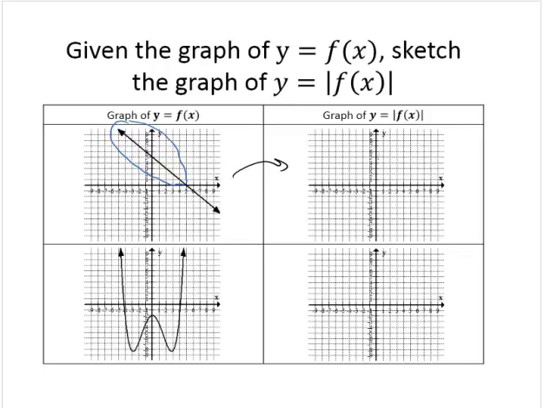So we would still have that part of the linear function looking roughly like that. But the part that was below, the part that had negative outputs, will be flipped over onto positive values. And so that part would look roughly like this.